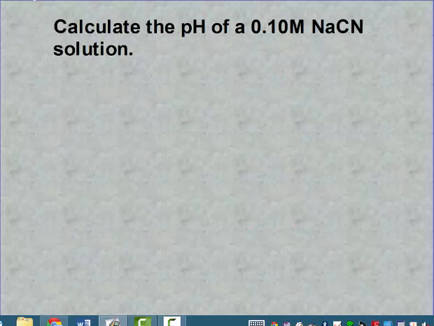All right, one more calculation and then we're done with this section. It says calculate the pH of a 0.1 molarity solution of NaCN. All right, so this one did not give you your value. So we have to look on this chart. So you tell me which one we're looking at.